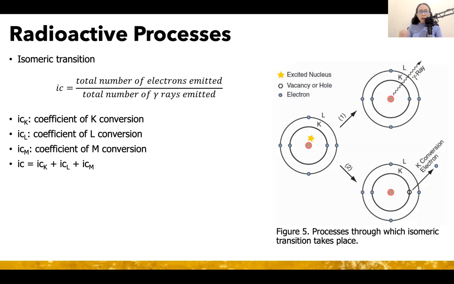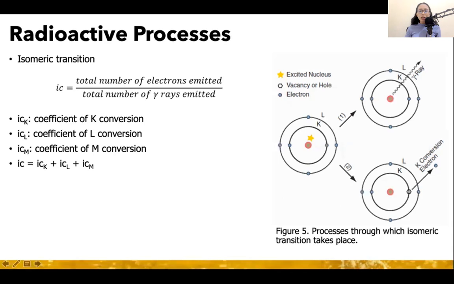So in fact, a fraction of atoms will undergo release of gamma radiation, while the remaining atoms will undergo internal conversion.